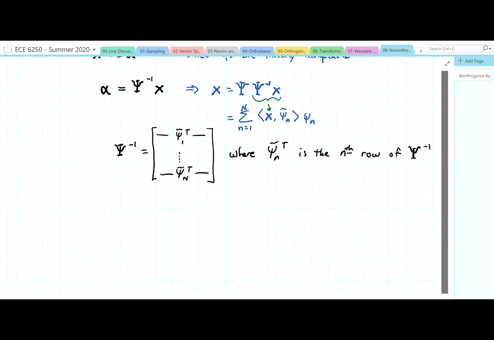So in summary, if we think of the transform as projection onto our basis function, that's also known as the analysis step, and it computes alpha n equal to the projection of x onto psi tilde of n for all of these 1 through n.